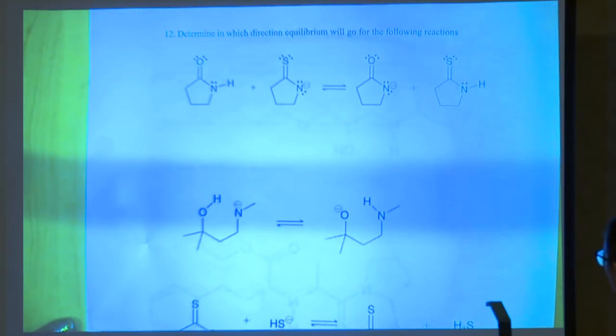Now, applying that, which direction will equilibrium go in these reactions? So what are the things we want to look at? If anyone remembers the acronym. Yes? Awesome. Good. So we'll look at the conjugate base. And then you said the acronym, what was it?